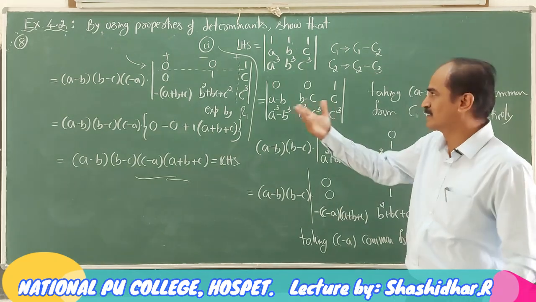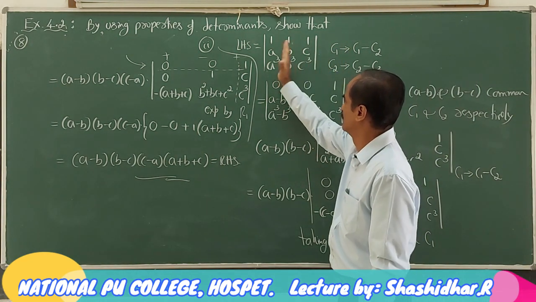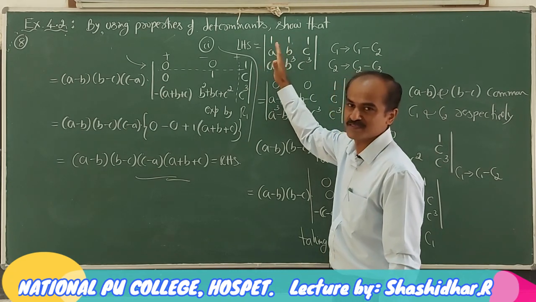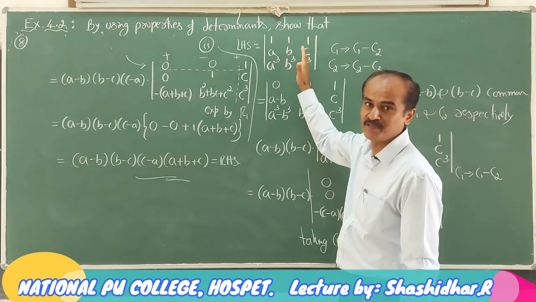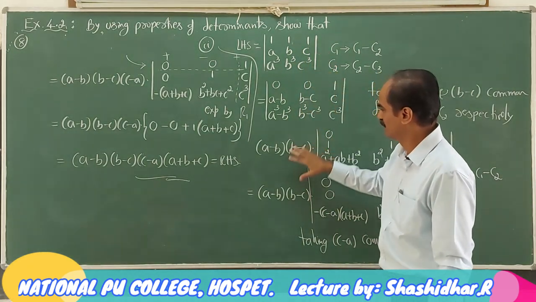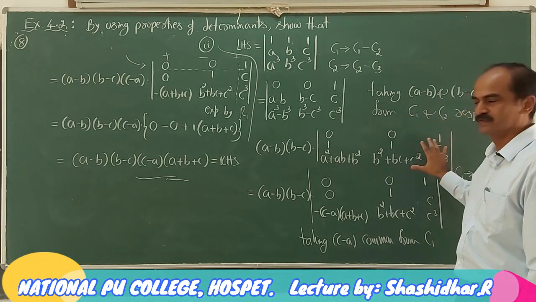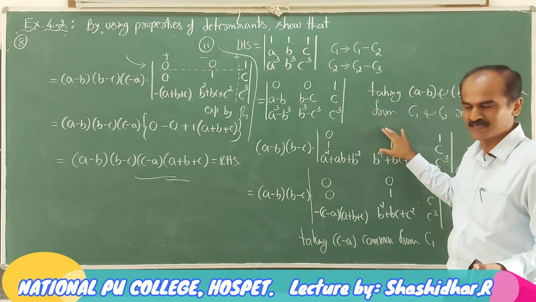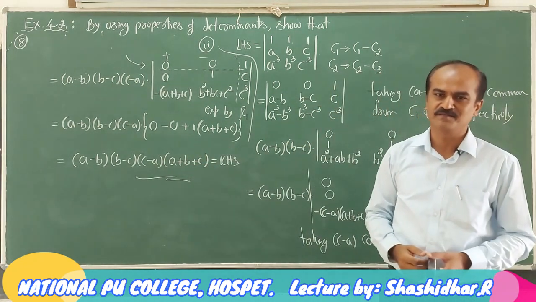In order to get the A minus B factor, by observing the elements, what I observed is, when I subtract second column from first, I am able to get A minus B. When I subtract third column from second column, I am able to get B minus C. Two factors are ready. After getting those two factors, the determinant elements are quite simple now. Now plan for getting one more factor, C minus A. After that, if you expand, the fourth factor will be ready with you.